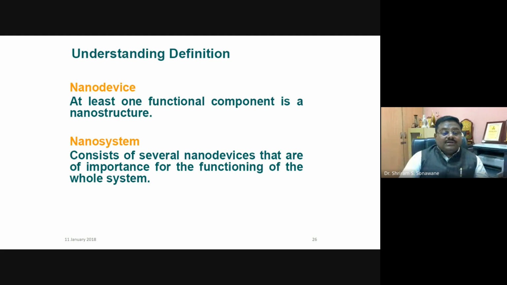We also refer to a nano system. What is a nano system? It consists of several nano devices, that is, devices with at least one functional component being a nanostructure, that are important for the functioning of the whole system. Then we can call that system a nano system.